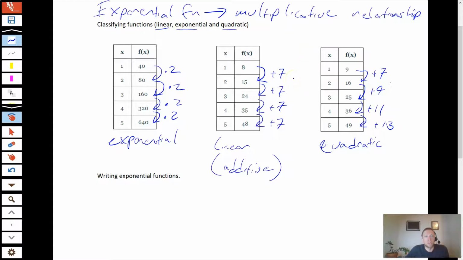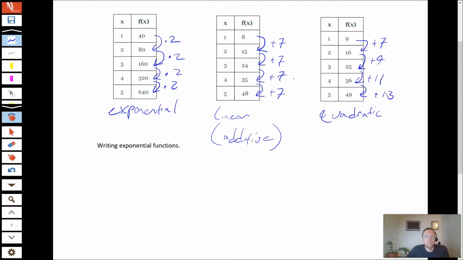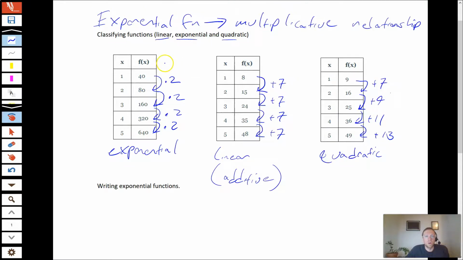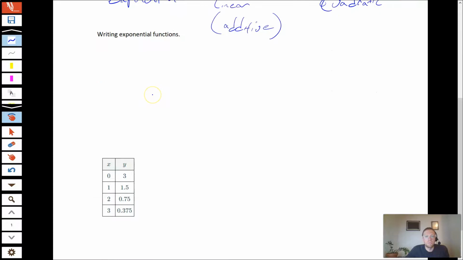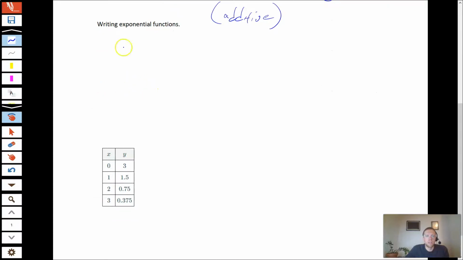And then we're looking at writing exponential functions. So exponential functions take the form, and we're going to look at this example down here, f of x equals a times b to the x. I'm going to make it lowercase actually: a times b to the x.